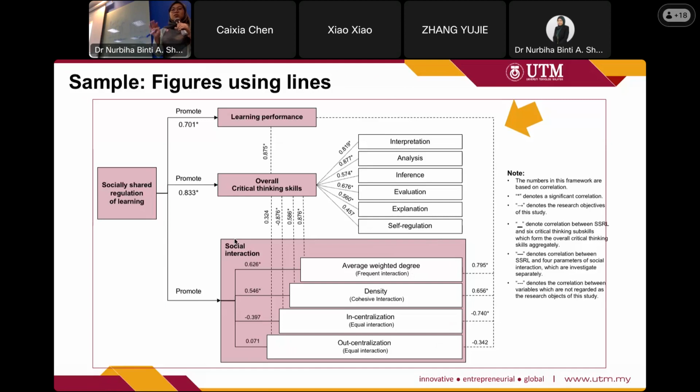And the red box indicates the variables in the research. But in the notes here, my student didn't put any explanation about what the red box means, what the white boxes mean, which triggers questions.